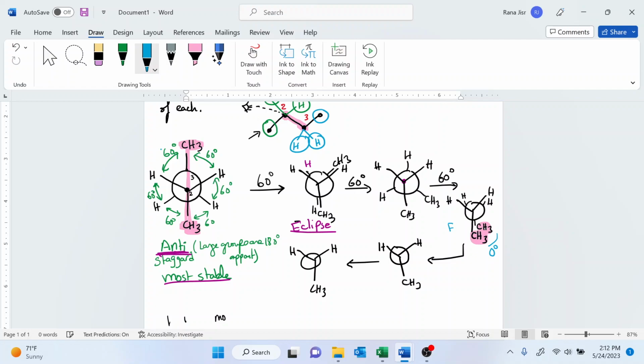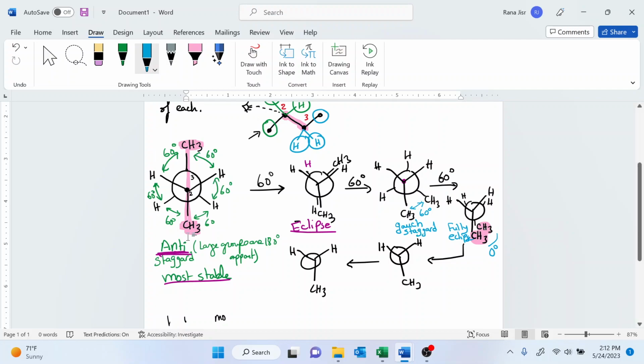So this structure is called fully eclipsed. This one here is going to be called staggered, and since the groups, which are the CH3s, are 60 degrees apart, we're going to call this a gauche staggered.